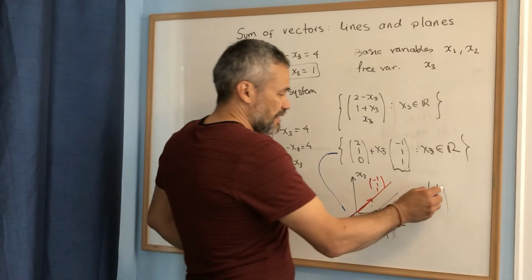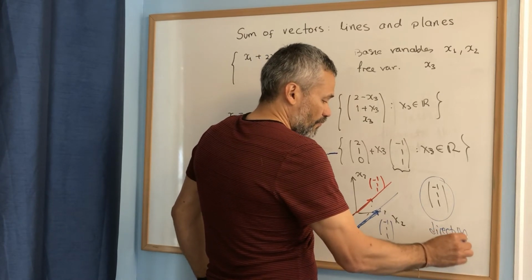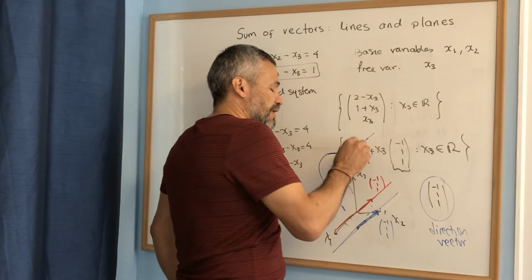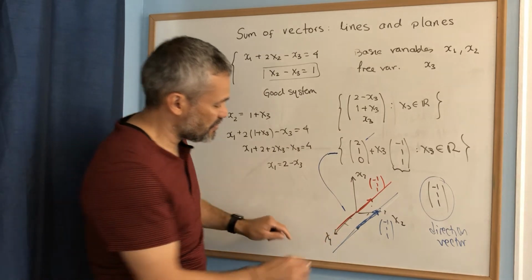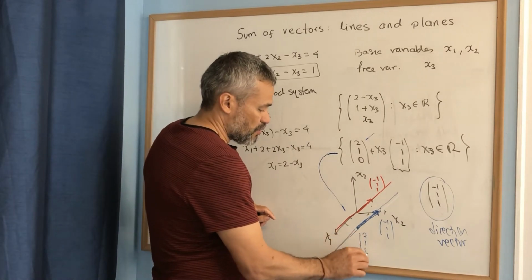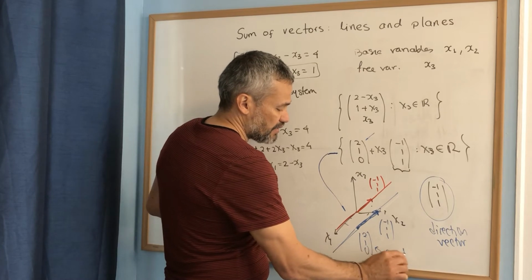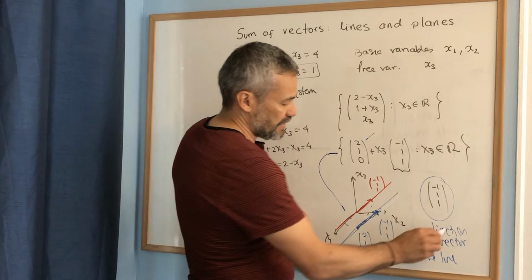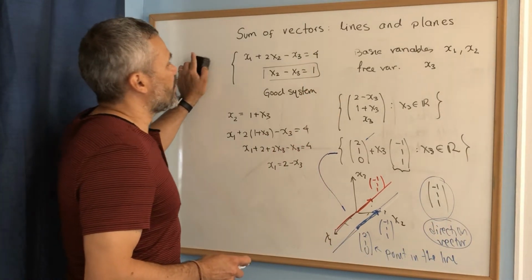In this case, this is the direction vector, and this is a point that belongs to the line. This is the point 2, 1, 0. Let's say that this is a point in the line, and this is the direction vector.